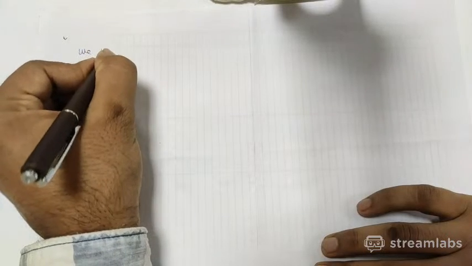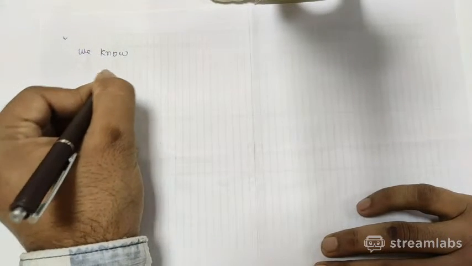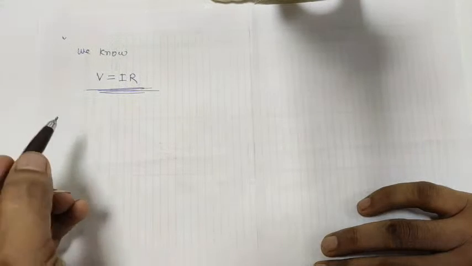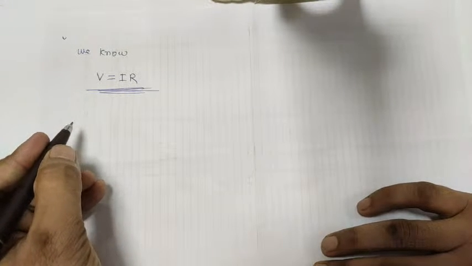We all know that V is equal to IR. What is this equation? This is the very famous Ohm's law, isn't it?